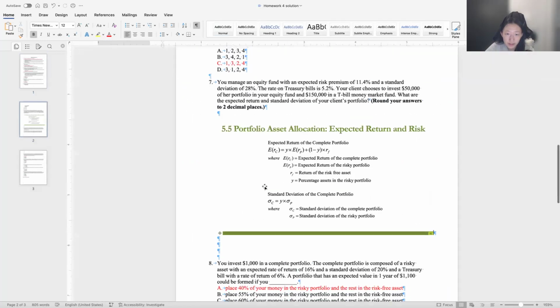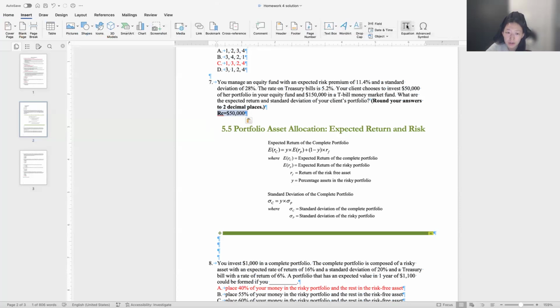So here is the way of calculating the complete portfolio's return and standard deviation. So we'll start from RC, return, equals the proportion. This is the weight. Inserting mathematical equation.